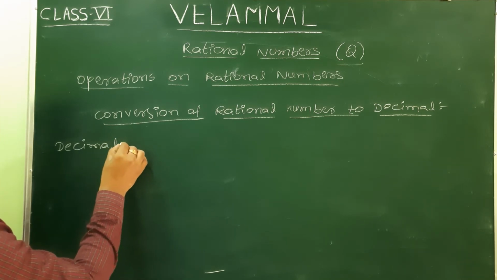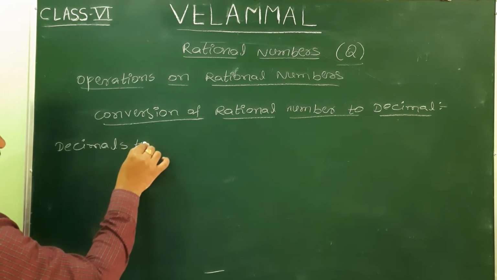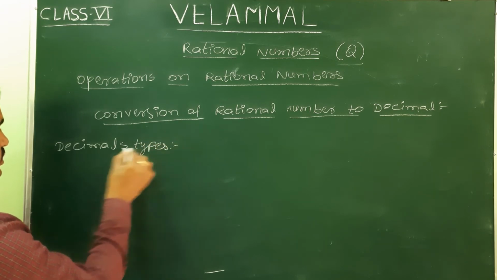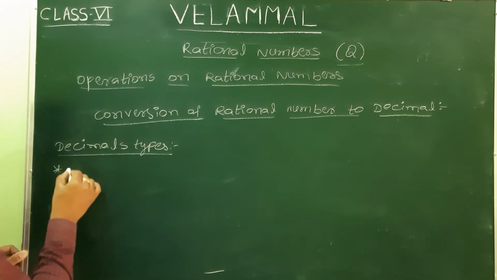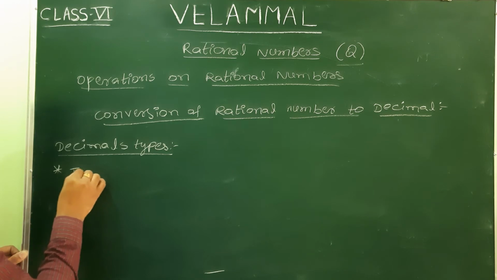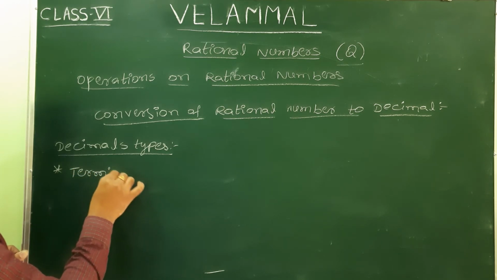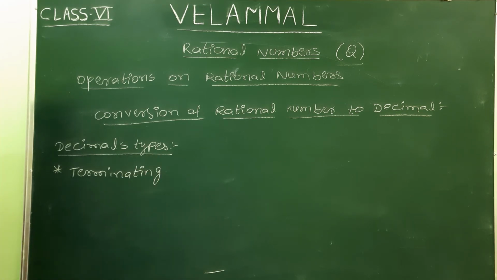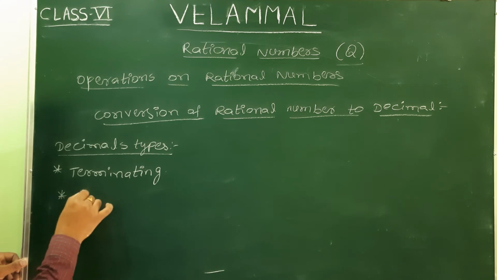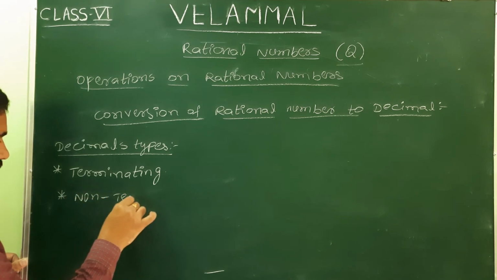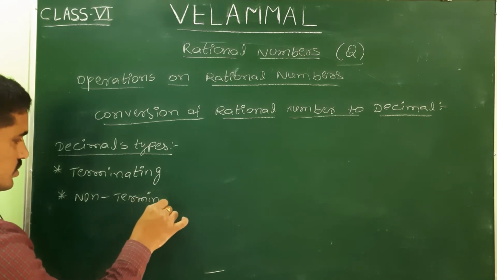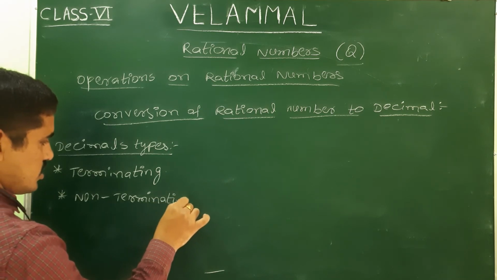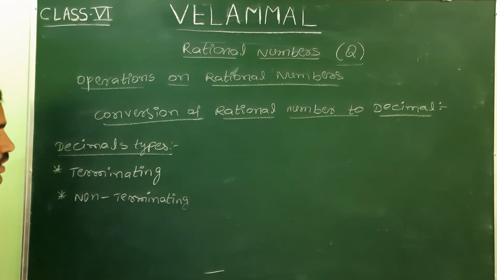Types of decimals: the first one is terminating decimal, and the second one is non-terminating decimal. Terminating decimal and non-terminating decimal.